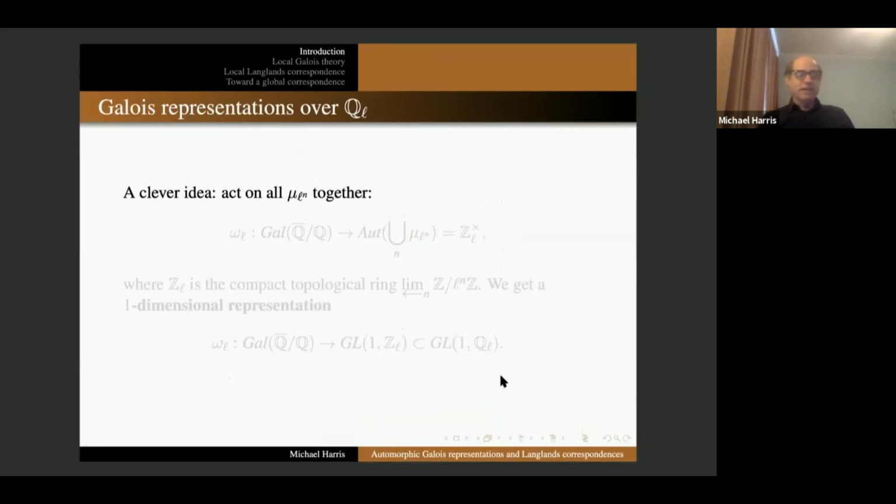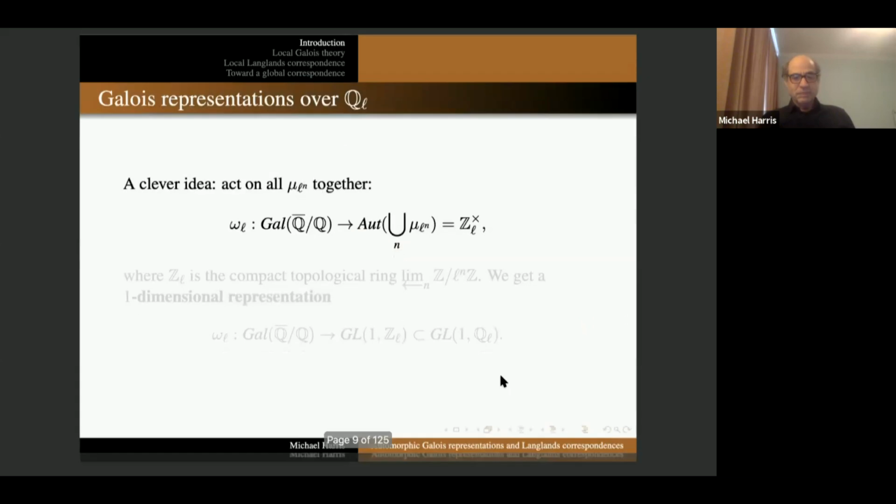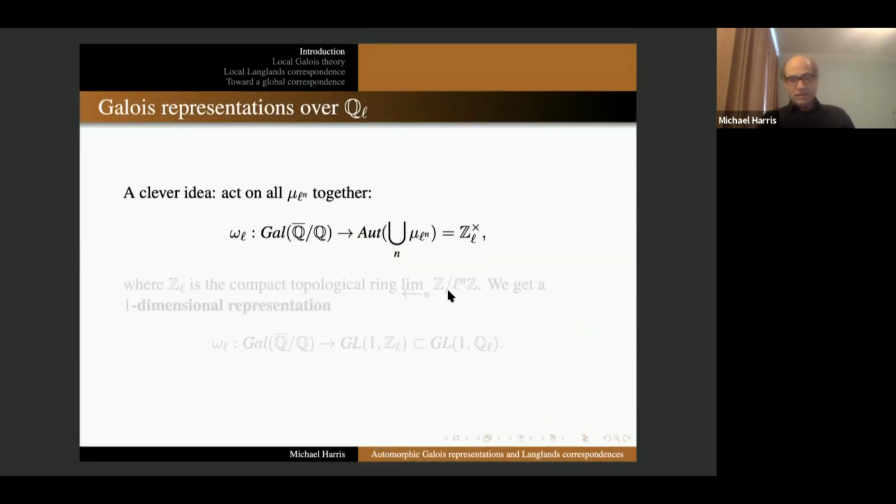Now here's a clever idea, it's not my idea. This is the starting point for a systematic study of Galois representations. Not the only thing you can do with Galois representations. Suppose you act on all these mu L to the n together. Well, this is a union, it's not a disjoint union because L to the nth roots are also L to the n plus first roots, so it's an increasing union.